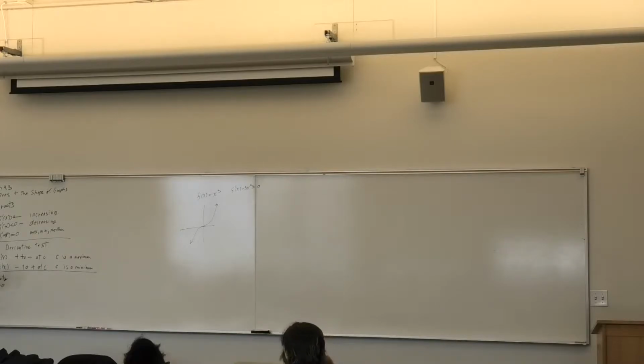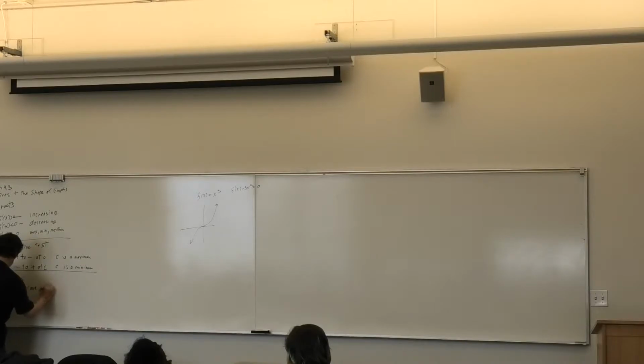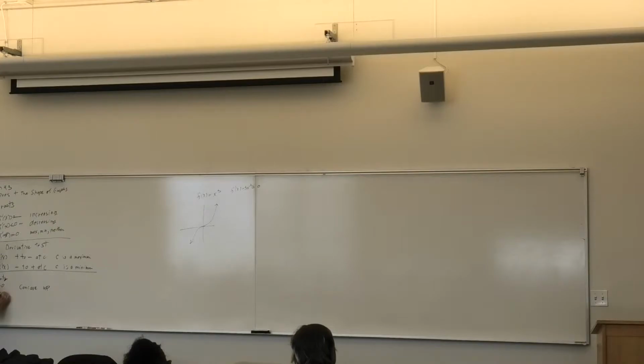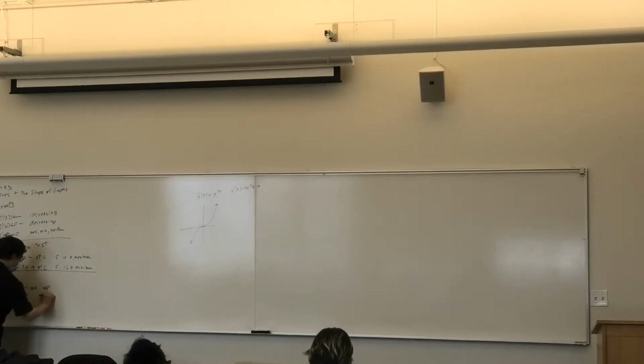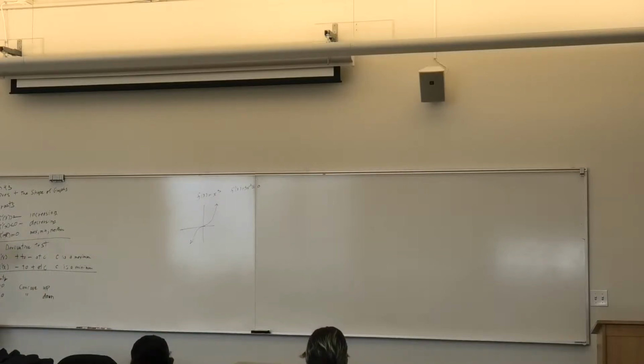Again, it's good to have either a visual or a kinesthetic feel. That means we're concave up. And if the second derivative is less than 0, concave down, for the same reason, going from positive to negative slope.